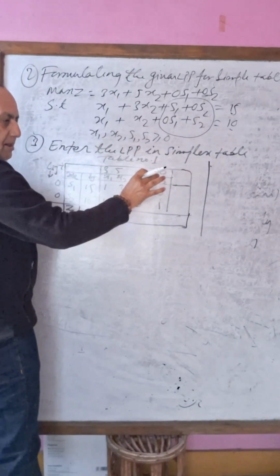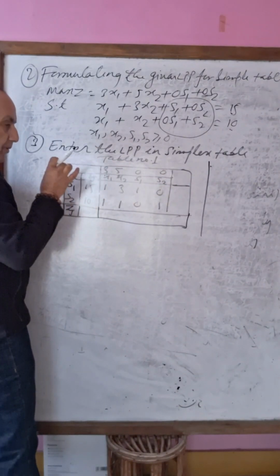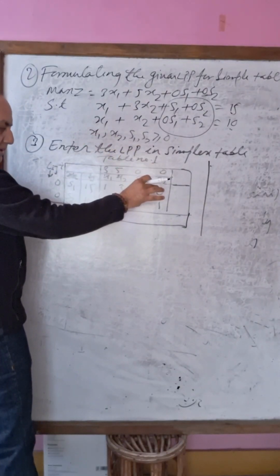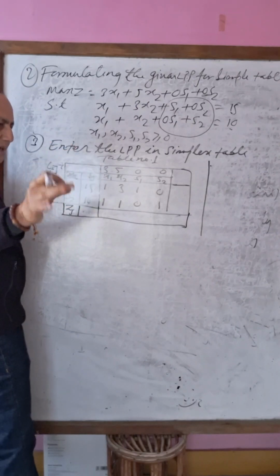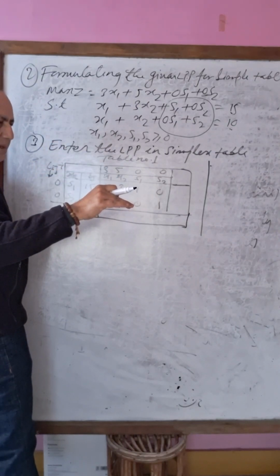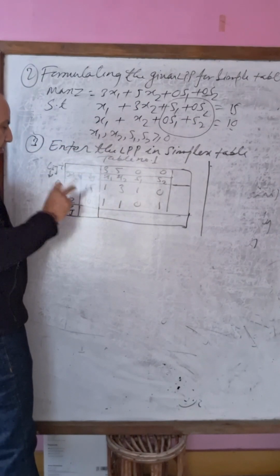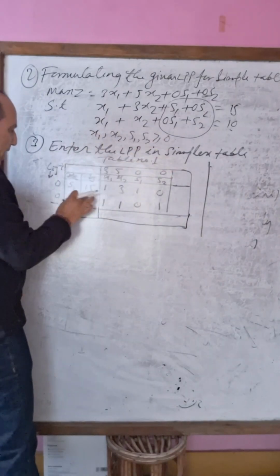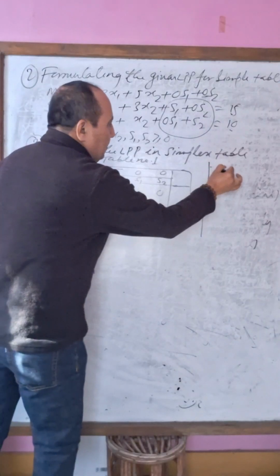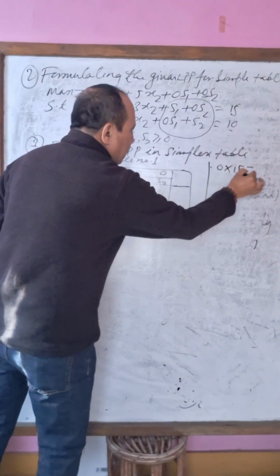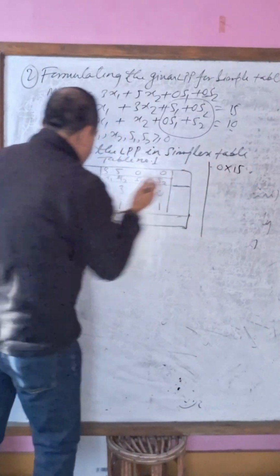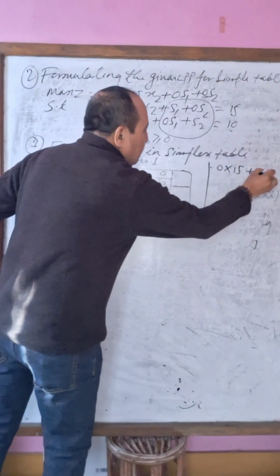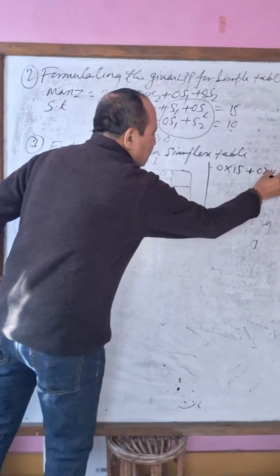Never forget this one: if you do not show this calculation, then your marks will be reduced. Be careful about this. So we should show the calculation on the side. 0 into 15, plus 0 into 10, is equal to 0.